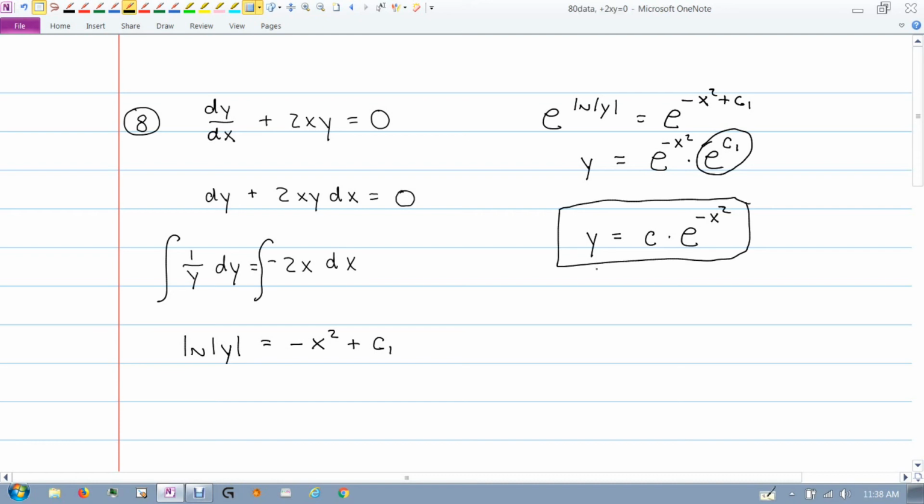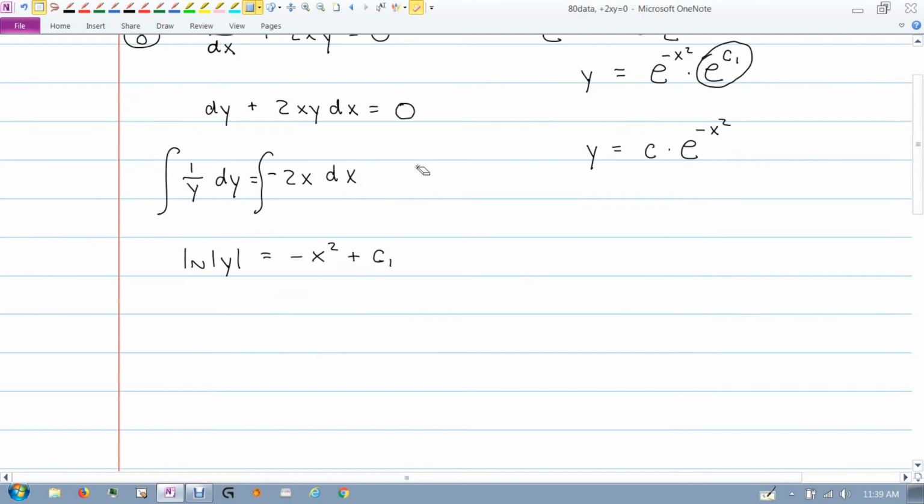What we're saying is that this equation right here is a solution to that differential equation. All right, number 9. dy/dx equals y cubed over x squared.